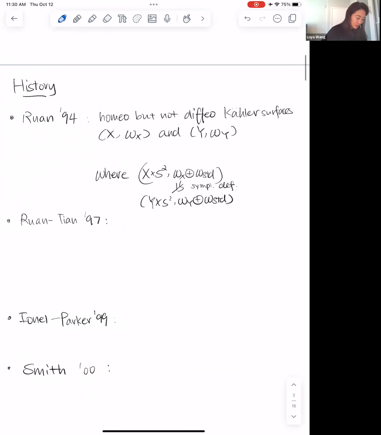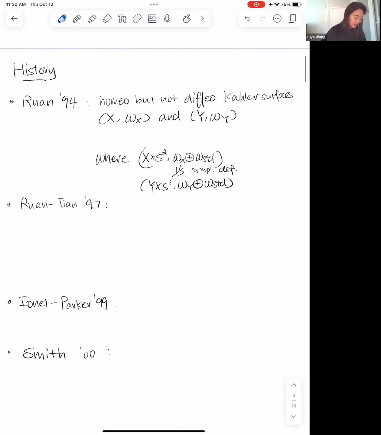So that's the background on the conjecture, or the question. Now let me tell you a bit about what people have worked on. In Ruan's paper in '94, he constructed homeomorphic but not diffeomorphic Kähler surfaces. One of them is just CP2 blown up 8 times, and the other is the Barlow surface.